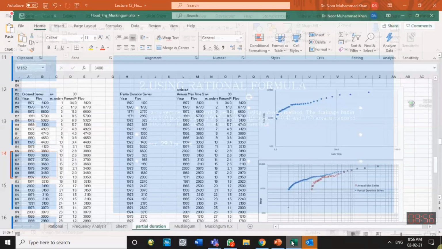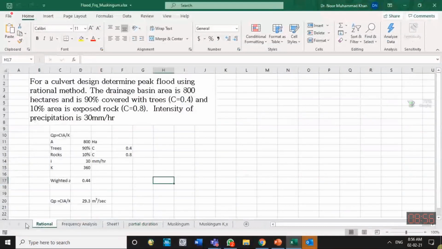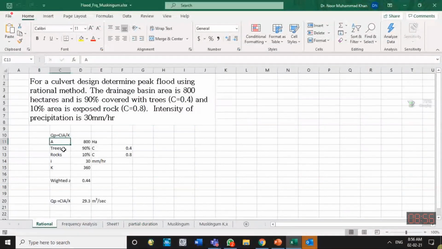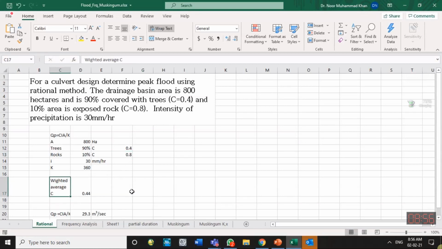So in Excel, I have done this, the rational method, same question. The area is given for trees, 0.4 is the C value, 90% of the area is covered with trees, 10% area is covered with rocks, its C value is 0.8. So first we have to calculate the weighted or average C value.